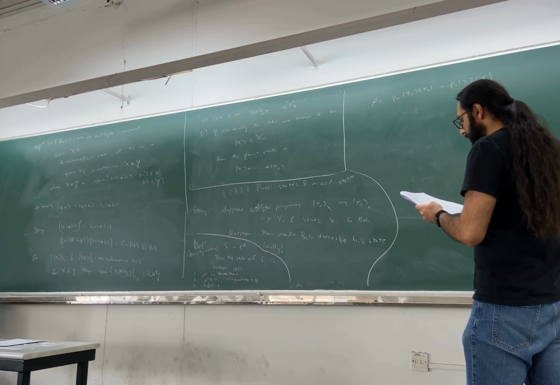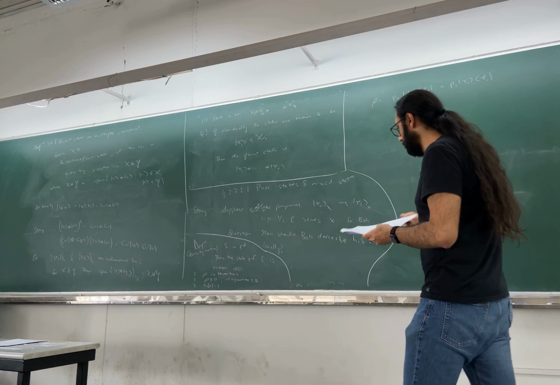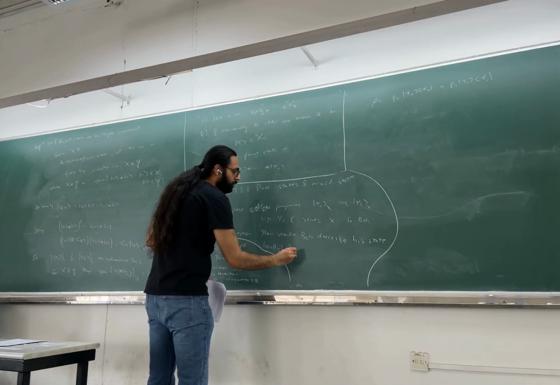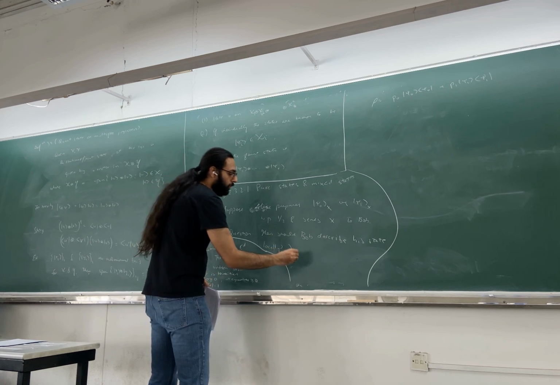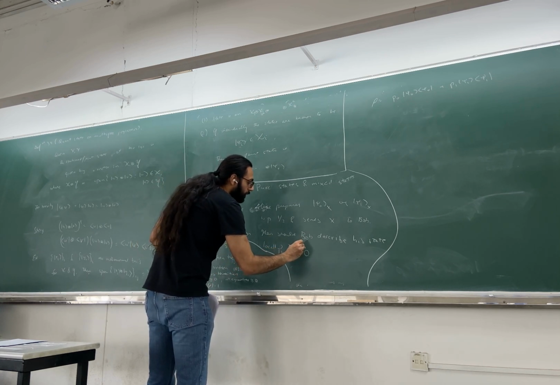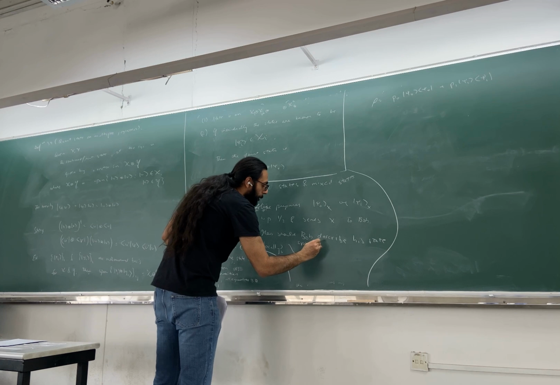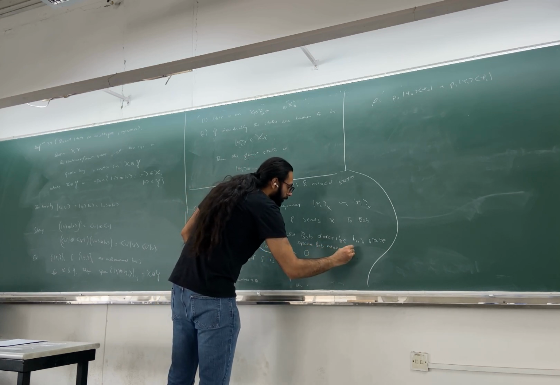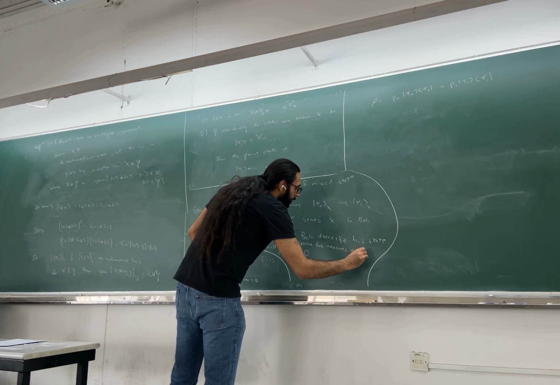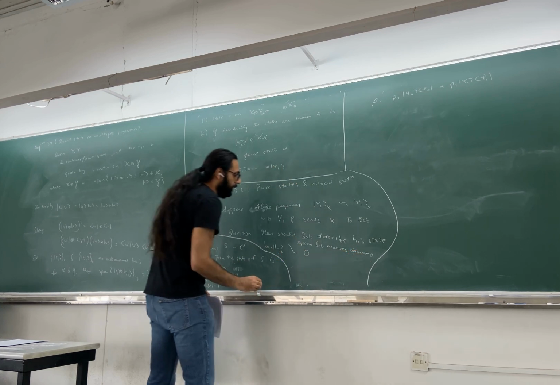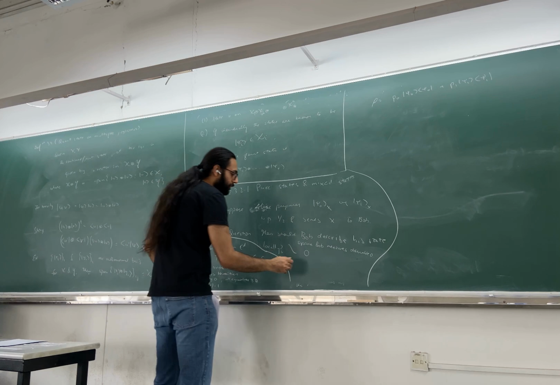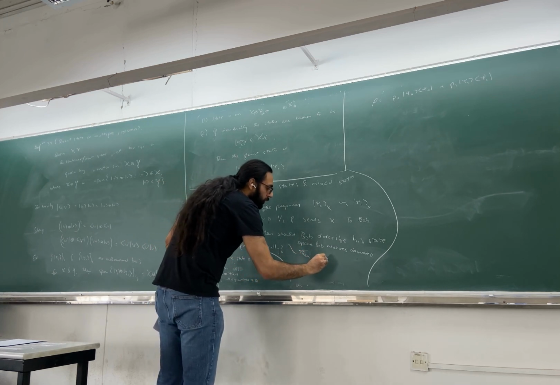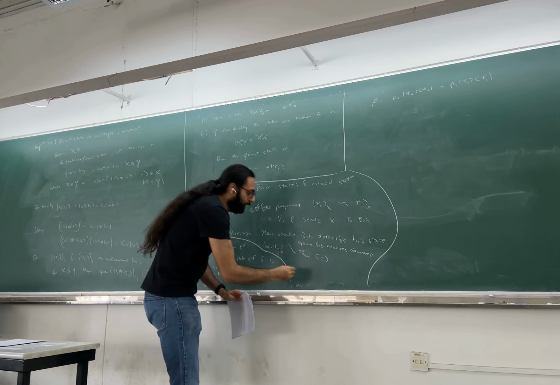Okay. And why do we want this? We want this because, suppose Bob measures some observable O. Then the expected value of O we can write as follows.